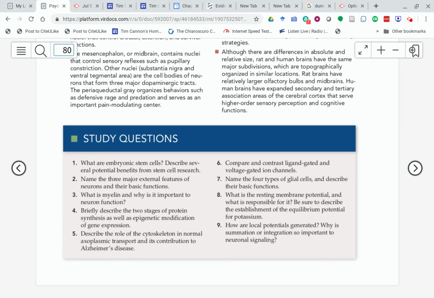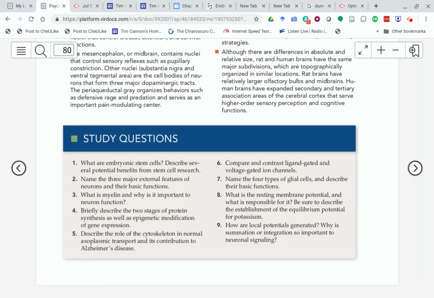Major features of the neuron and what they do for a living, that's pretty easy. What is myelin? Why is it important? Don't forget that there's two kinds of cells that produce it. Protein synthesis, which I did shortchange, but the book doesn't. And epigenetics, which is so hot.